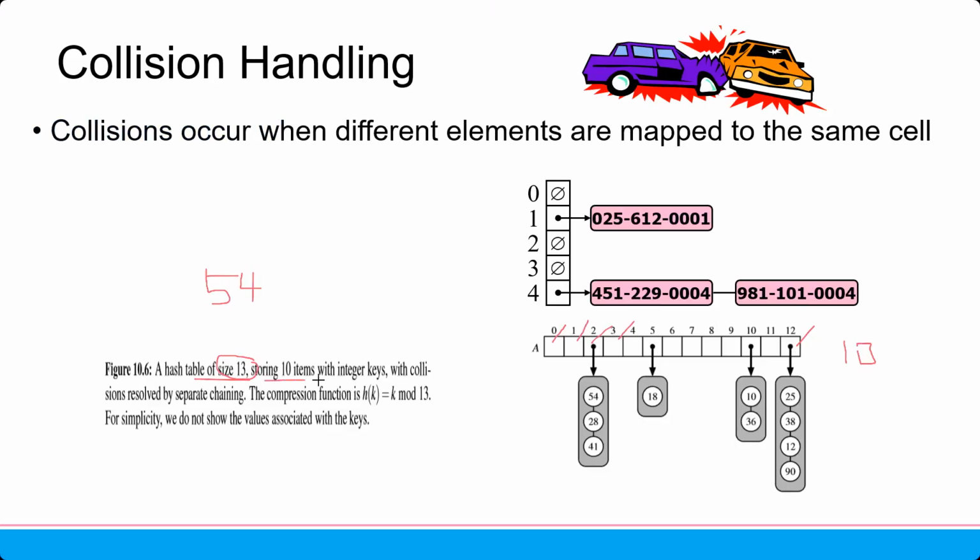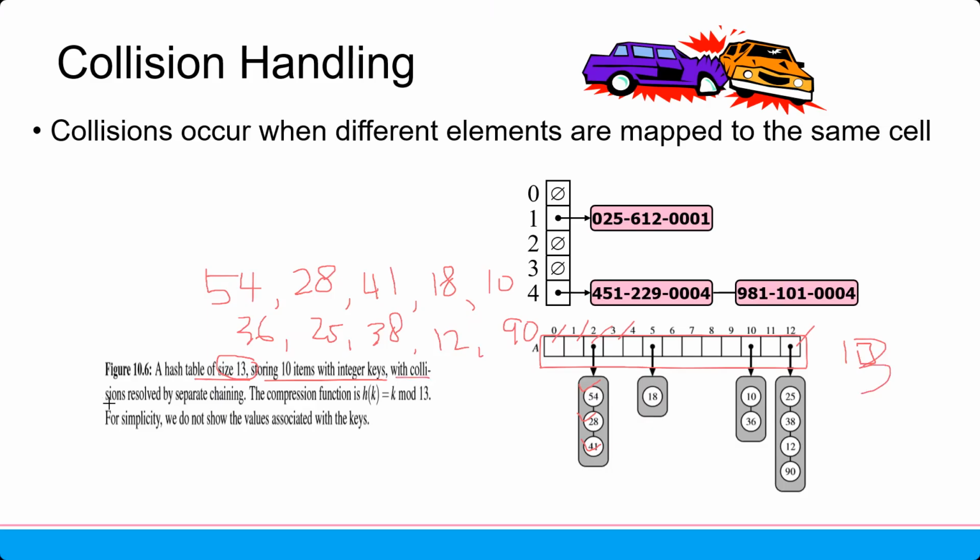And we want to store 10 items with integer keys: 54, 28, 41, 18, and then 10, 36, 25, 38, 12, and 90. So we want to save these integers into this table.